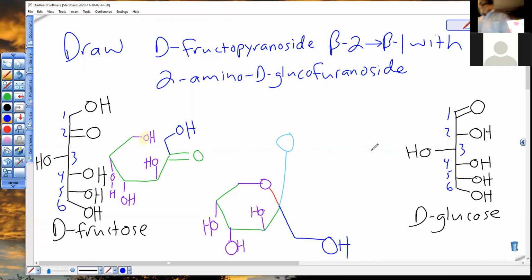So, glucose is beta. There's a furanoside. Beta means that bond's going to be up from a furanoside.